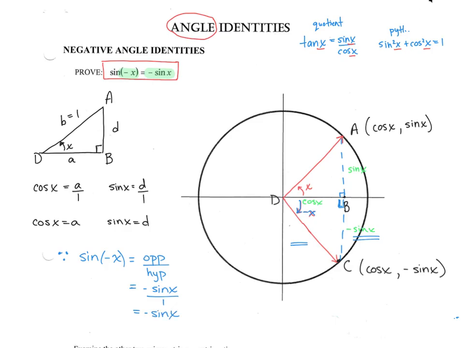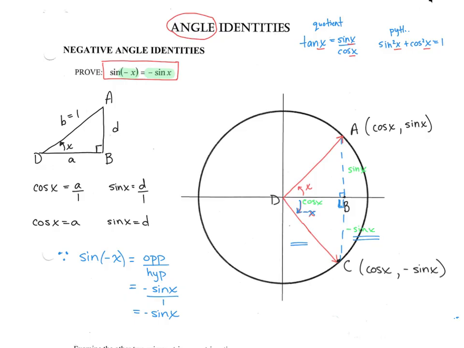So what you'll notice is we have just proven this negative angle identity. The proof for that we can see here on our unit circle.